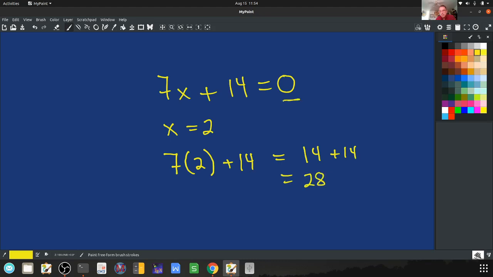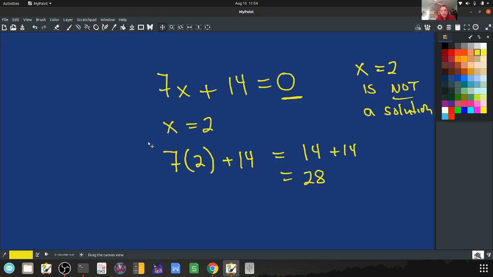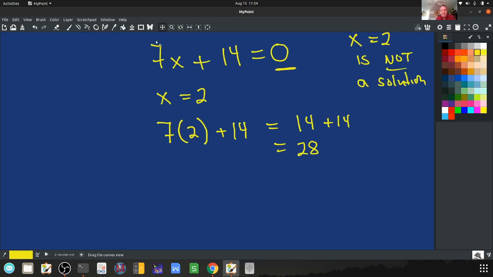And we want it to be equal to 0. So our conclusion is x equals 2 is not a solution to this particular linear equation.